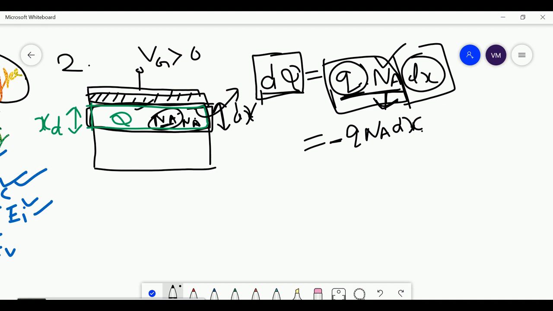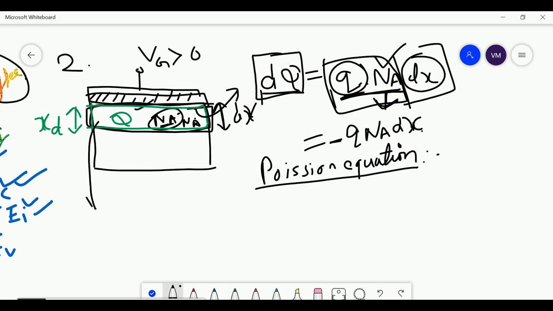So I'm repeating it here for you people. I will make use of a Poisson equation. What does this Poisson equation say? It relates the potential in a particular region.